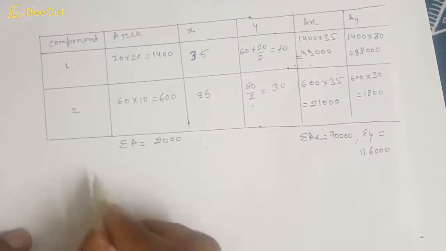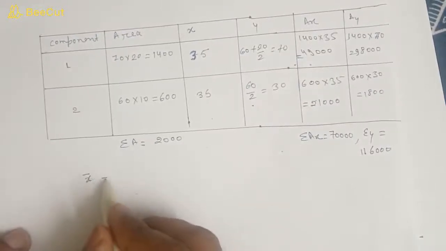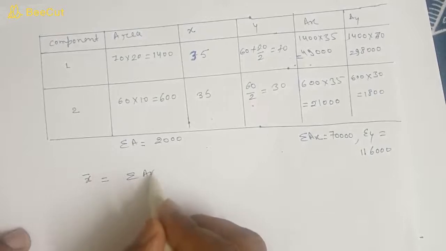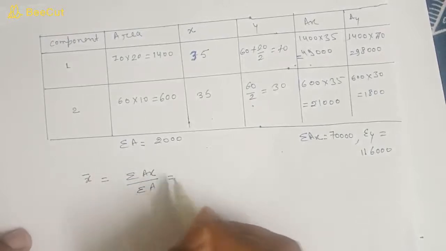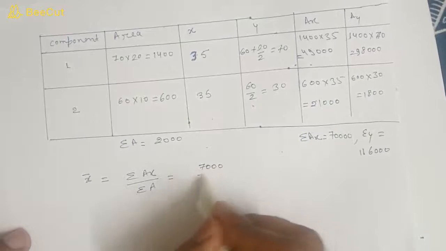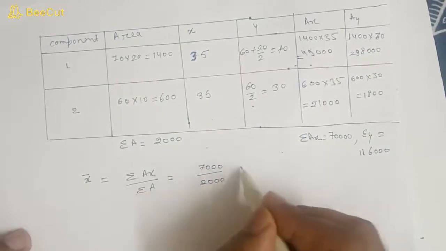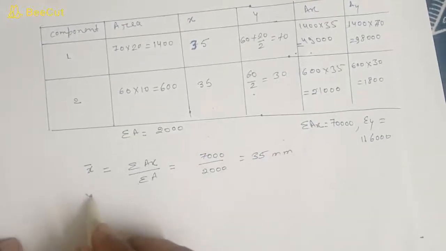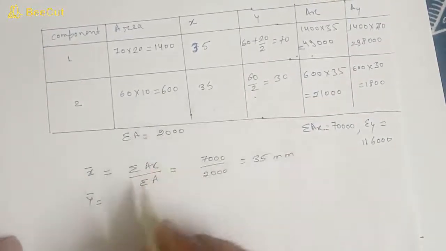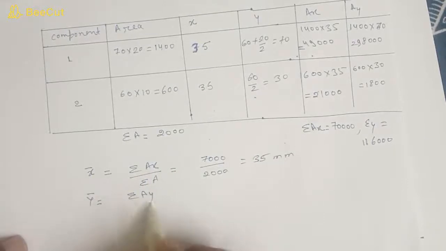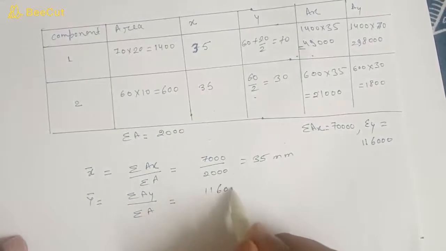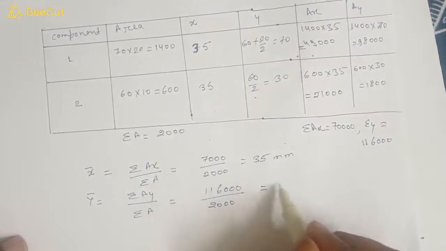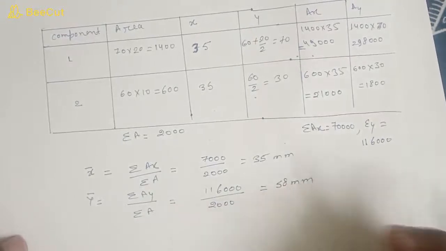You know the x coordinate of the centroid, x bar, is summation AX upon summation A. So we get 70,000 divided by 2000, so it will be 35 mm. Now the y coordinate of the centroid of the T section will be the sum of all AY divided by the sum of areas. So we get 116,000 divided by 2000, so we get 58 mm.